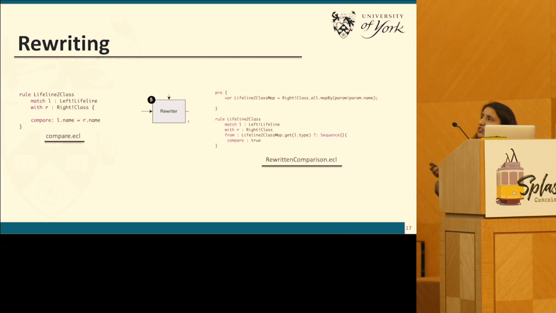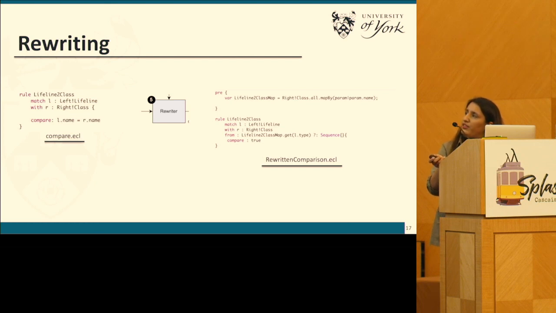So now we've created an index. We need to rewrite the program. If you see this program, it will be rewritten to this. Now there is this thing which is different. We are creating a concept of domain. We've extended ECL to include this keyword from.